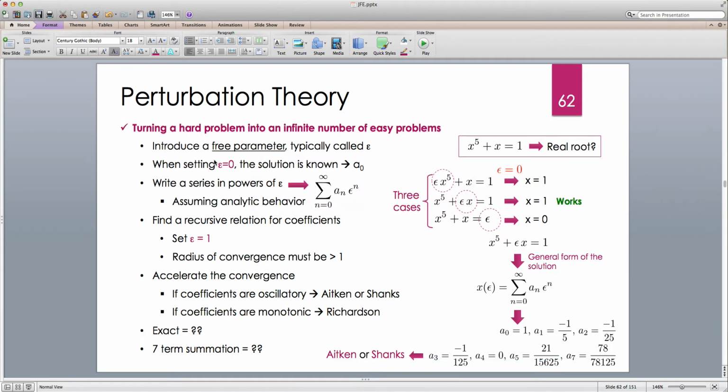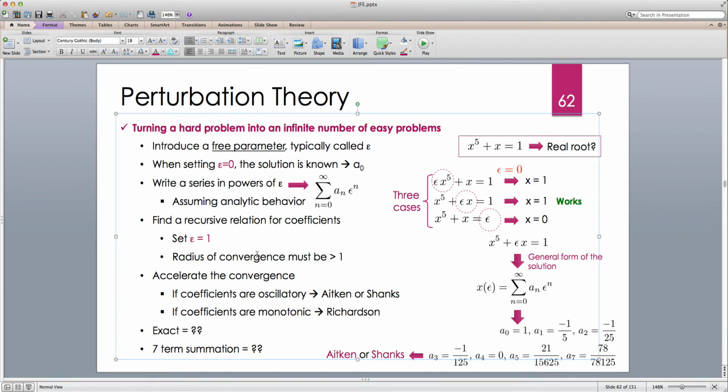So we start by setting epsilon to 0 and find a0, and then we write the general solution like this series, and then eventually what we want is to set the epsilon to 1, because epsilon equal to 1 means we get exactly the hard problem.